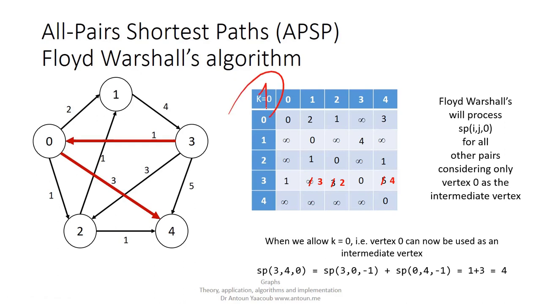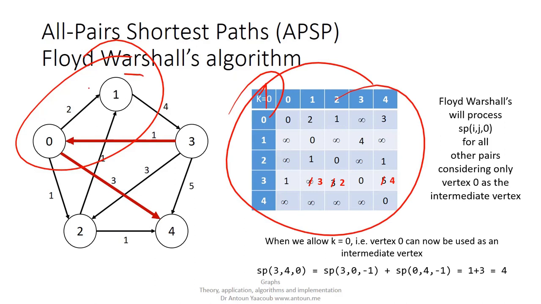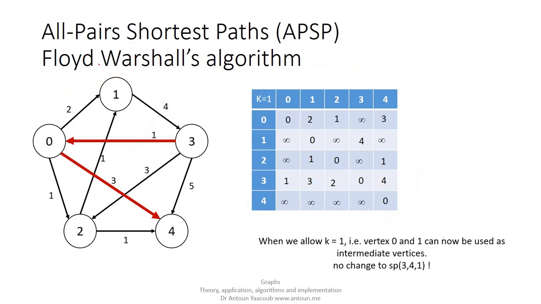So what does it mean, k equal to 1? It means I can consider both these values. I have already k equal to 0, so I just need to consider now 1 as an intermediate vertex, and I can use it. For example, you can check the distance between 2 and 3. Between 2 and 3, there is no distance.